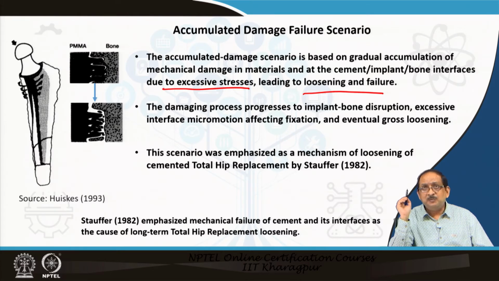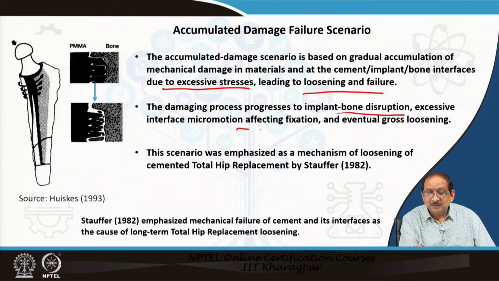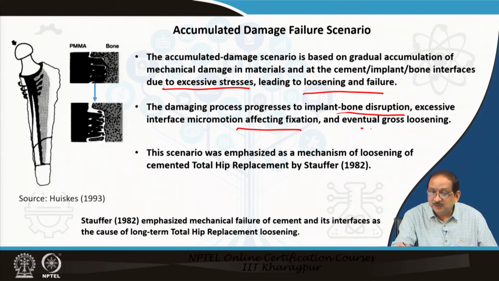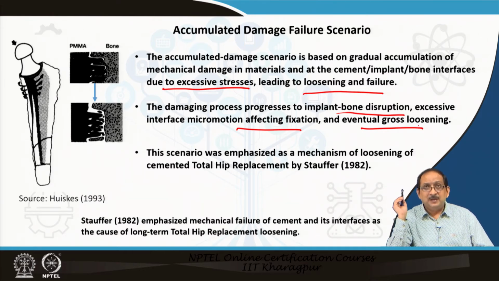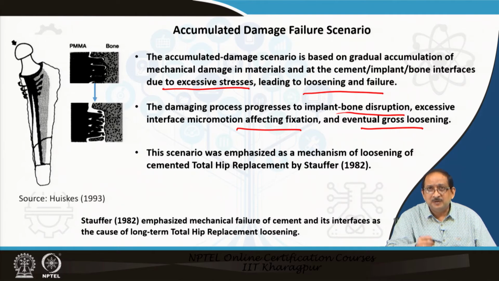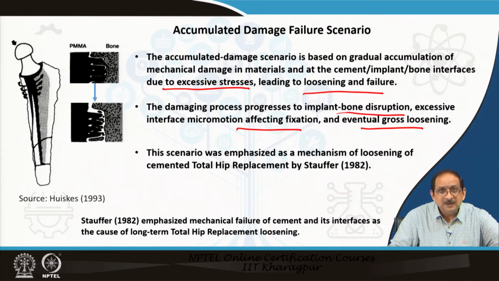The damaging process progresses to implant bone disruption, excessive interface micromotion affecting fixation, and eventual gross loosening. This scenario was emphasized as a mechanism of loosening of cemented total hip replacement by Stauffer in 1982.